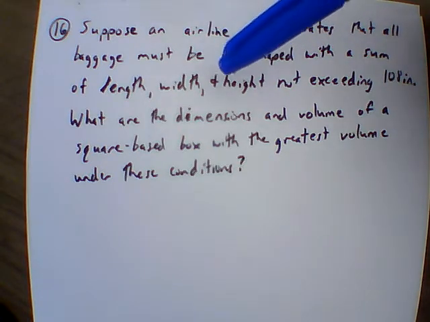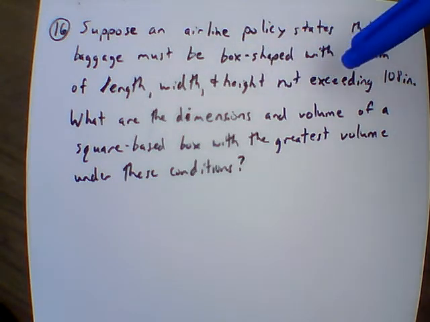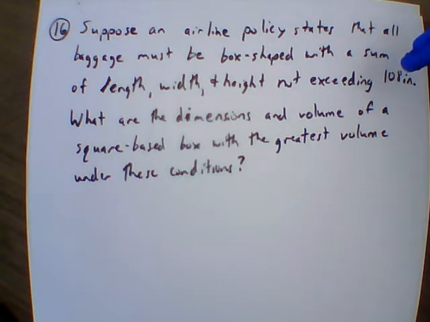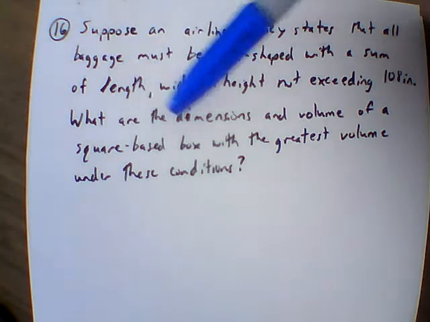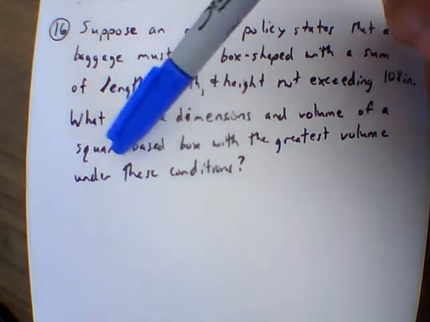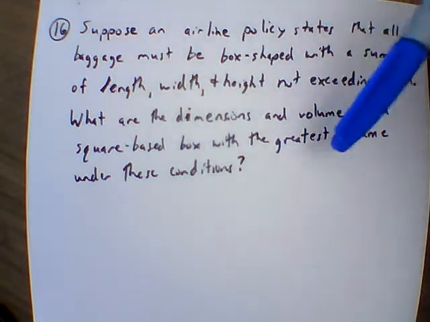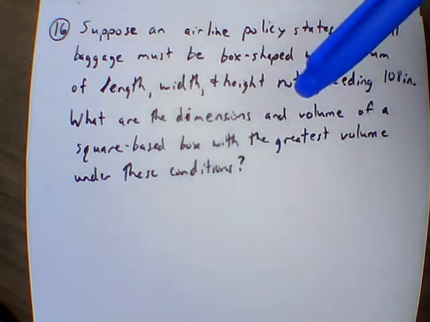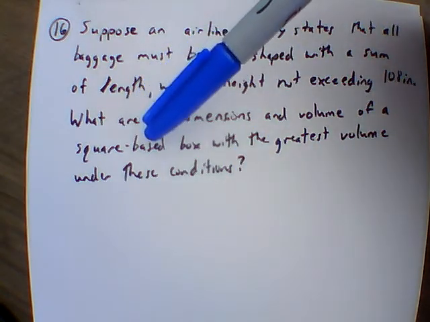So that means whatever the length, width, and height of the box cannot add together to be more than 108 inches. What are the dimensions and volume of a square box with the greatest volume under these conditions? Something to think about here is, why would we choose a square box?